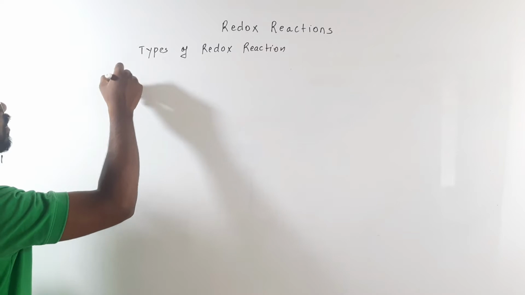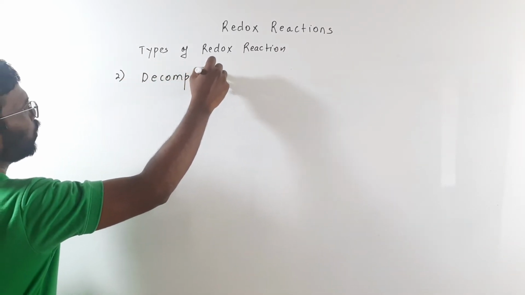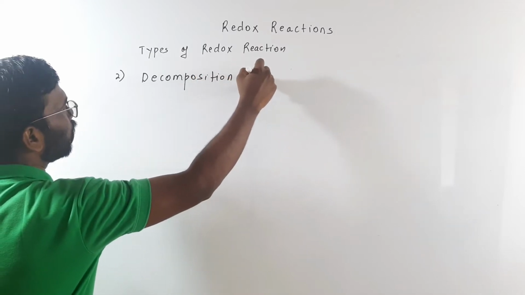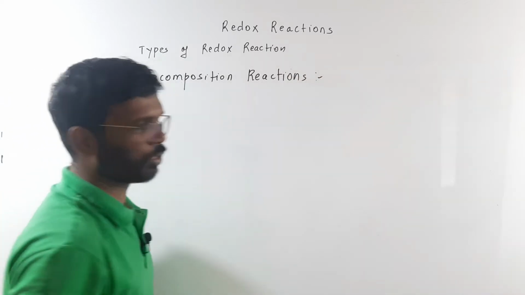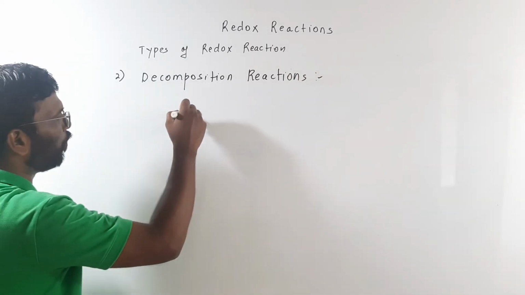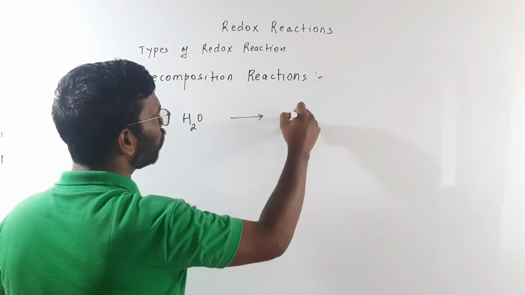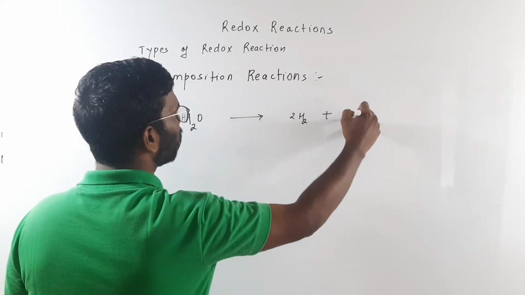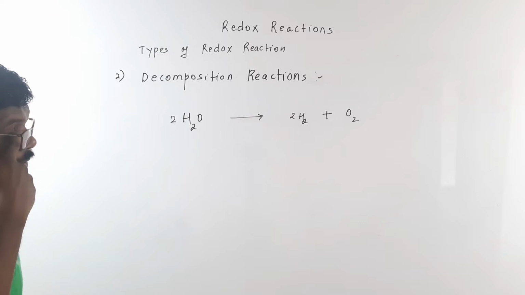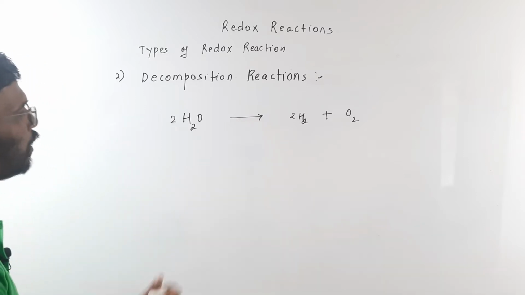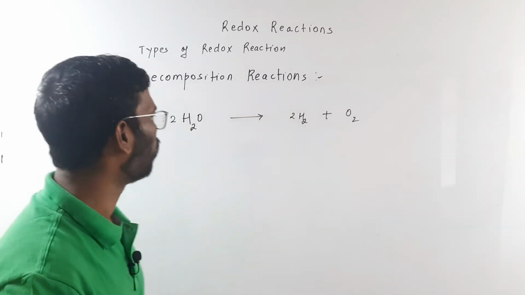The second type of redox reaction is decomposition reaction. A very basic example we'll take is H2O getting decomposed. Here there is a decomposition of the water. One molecule is there, it is broken into more than one molecule, right?